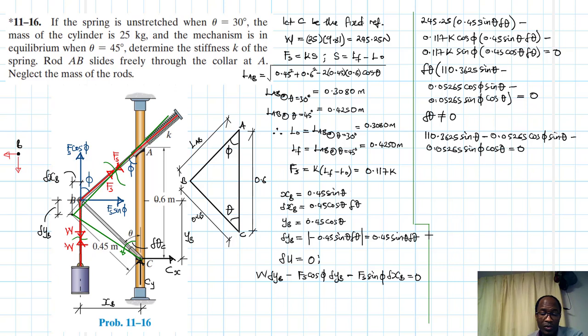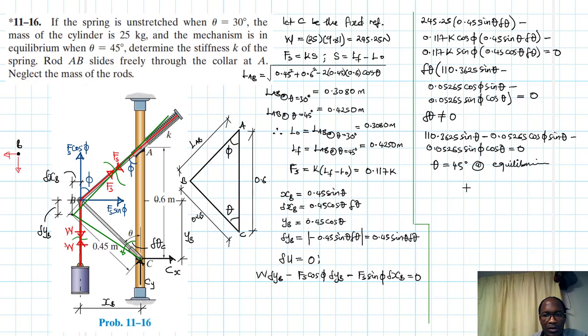Once we have that, our task now is to find phi, because we know that at equilibrium theta is equal to 45 degrees. That's what they've told us. This is the final position, or the value of theta when the system is in equilibrium. So let's find phi.